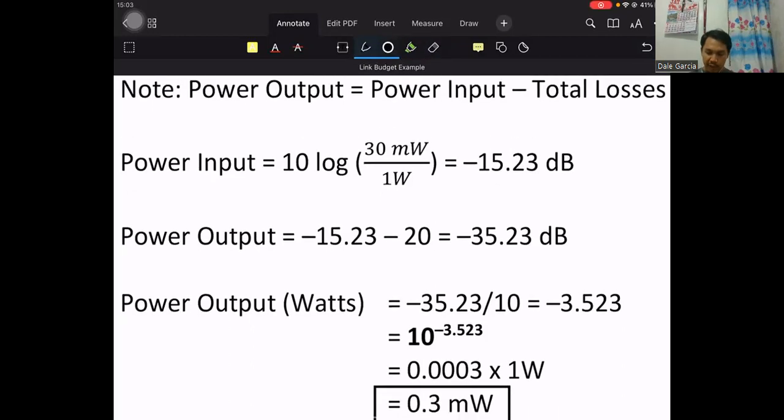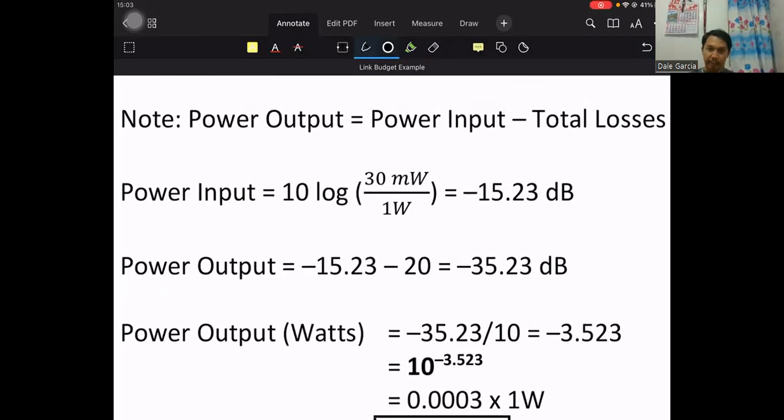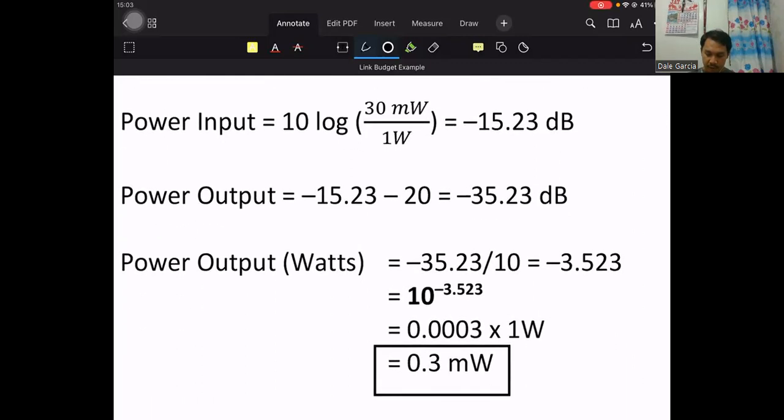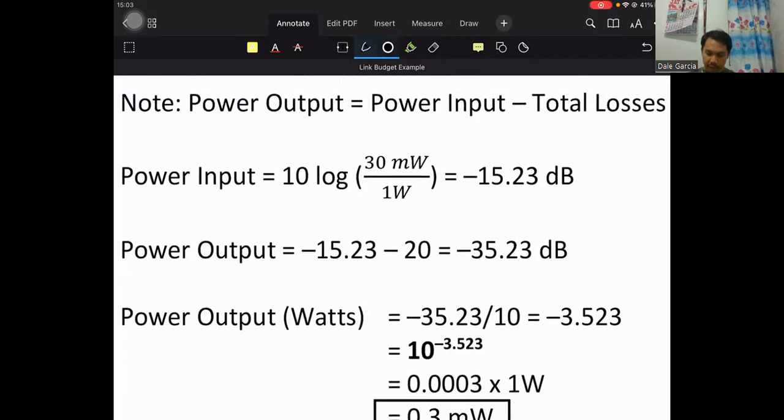Now, to know the actual milliwatts of negative 35.23, we convert back to watts, so we take the anti-log. The formula is 10 log of the power in watts equals the power in dB.